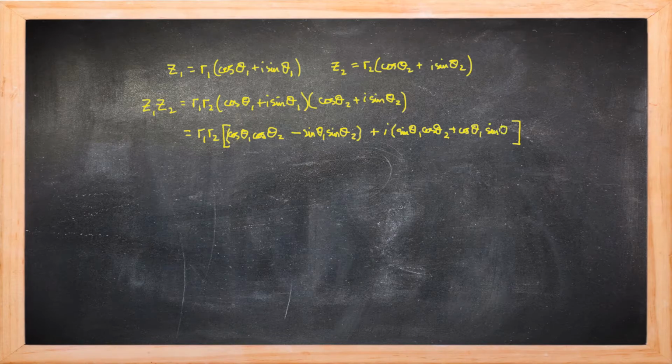Now you might have been looking at these and remembering a formula or two, and you'd be correct to do so. This first one, cos cos sine sine, appears when we expand the addition formula, cos of θ1 plus θ2.